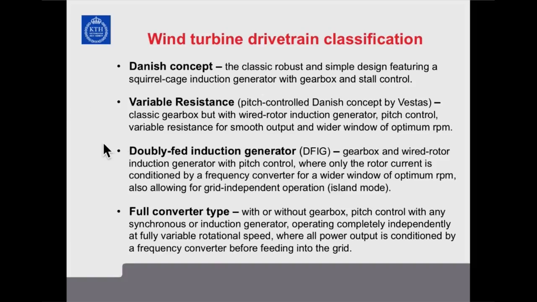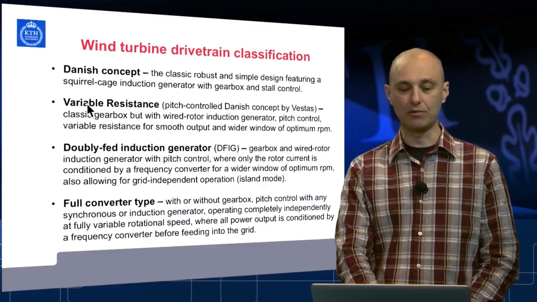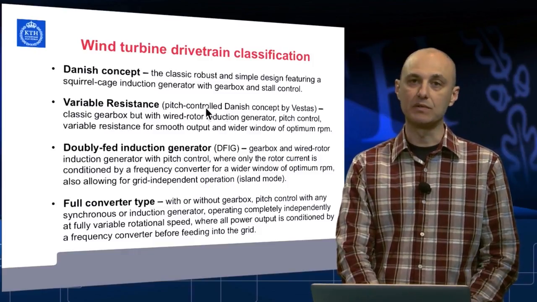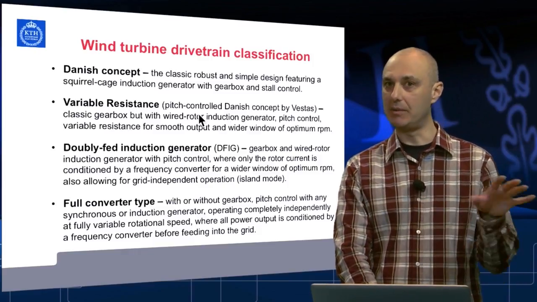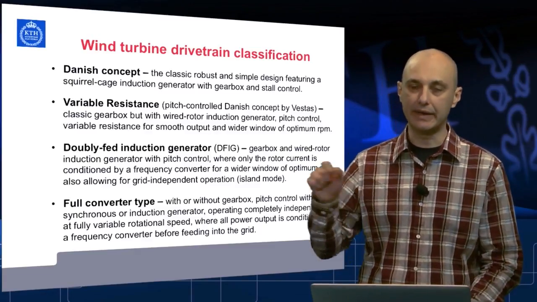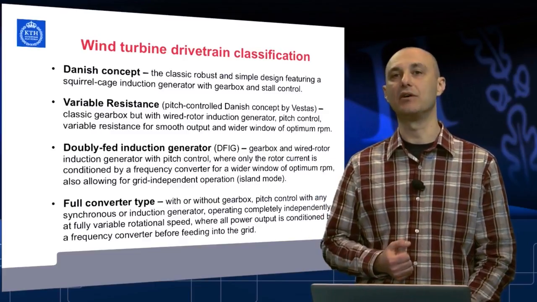The variable resistance concept is actually a pitch-controlled Danish type preferred by Vestas, where pitch control is used for optimum performance, but then you would need to act somehow on the generator to smoothen out the performance and to wipe out as much as possible the induced vibrations, which are directly transferred to the output power, decreasing the quality of the output power.